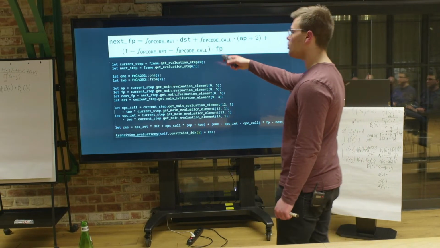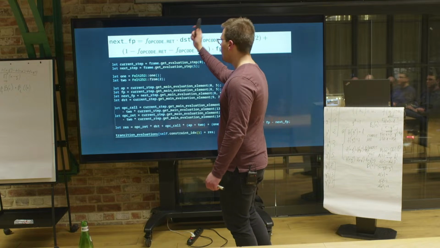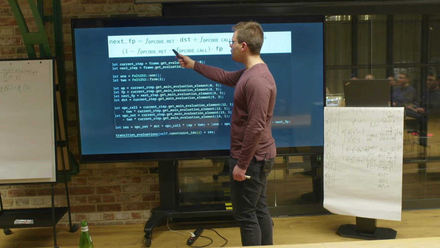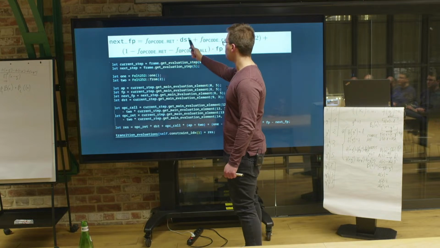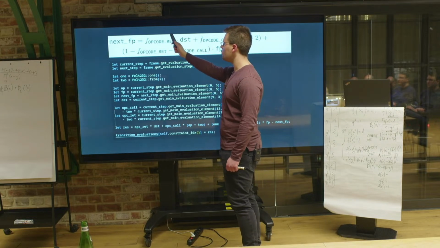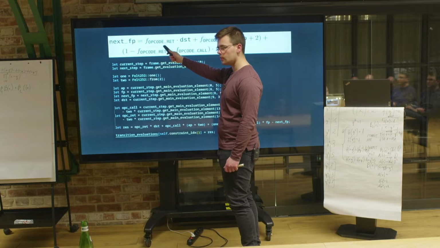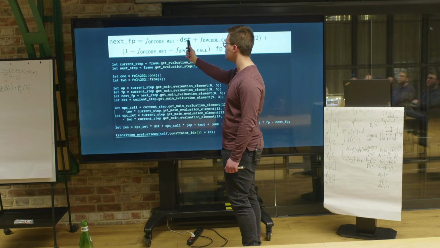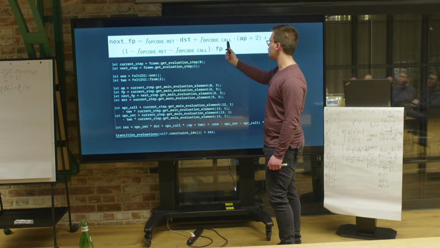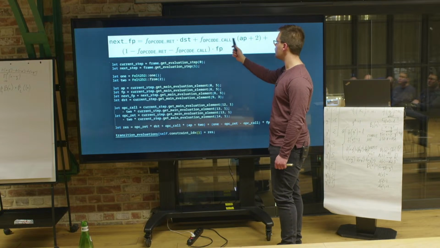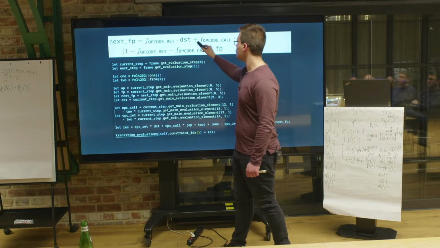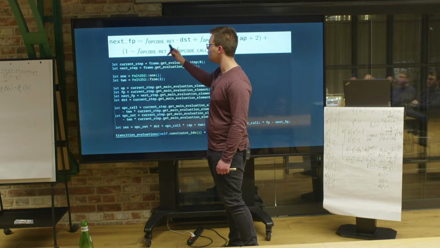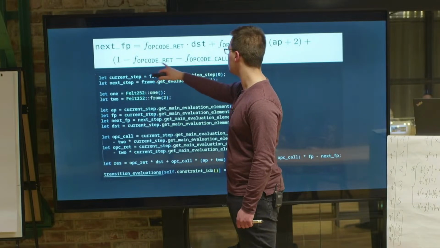And let's say how to read this simple constraint. So the next FP, the FP in the next clock cycle, is just going to be DST when the opcode read flag is 1. When the opcode call flag is 1, the next FP is going to be AP plus 2. But if neither of those flags is set to 1, it's going to be the old FP.